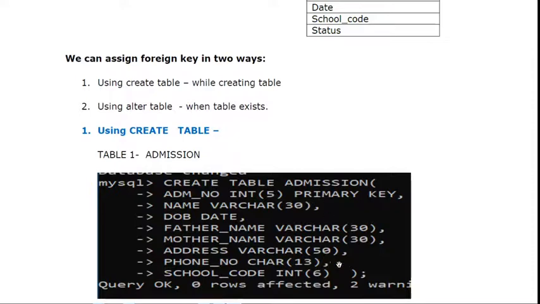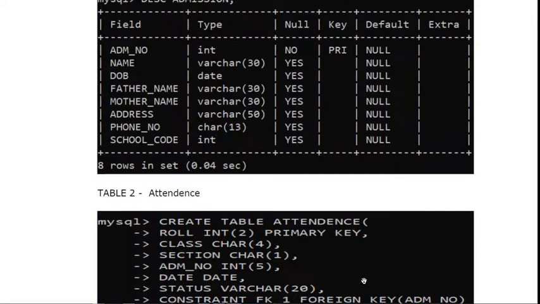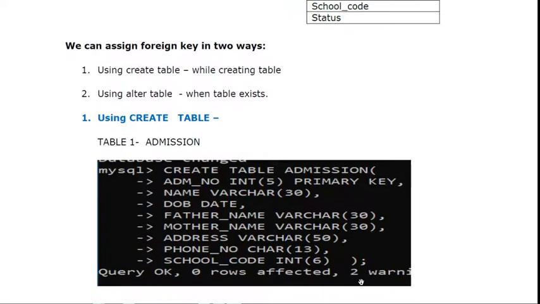So all the columns have been created. Now this is the closing for create table with the semicolon. Okay.